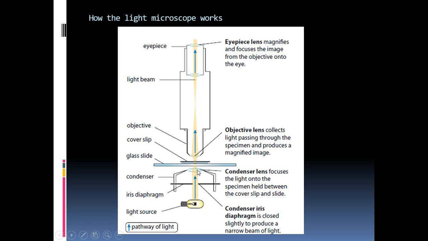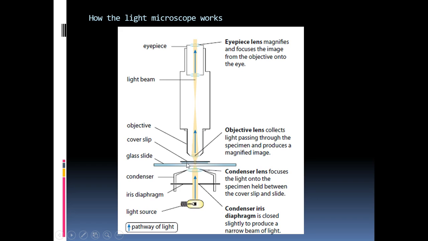Right, so in a way this controls the brightness of the specimen. And then we have here what we call the condenser lens, and the function of the condenser lens is to focus the light beam exactly onto the specimen. Right?